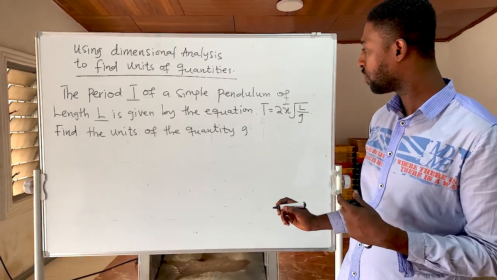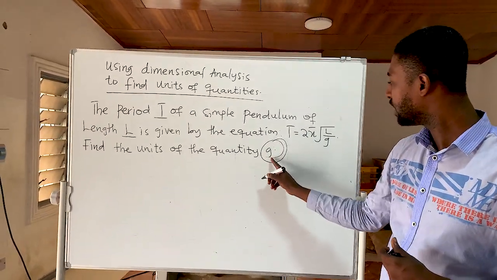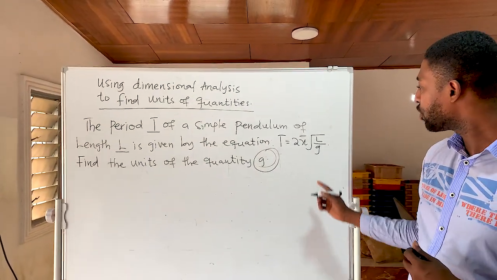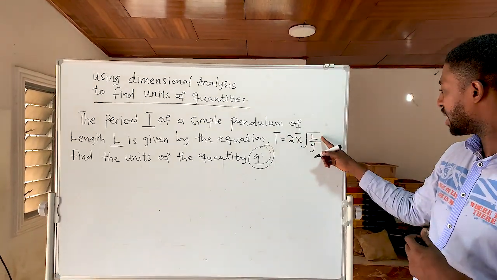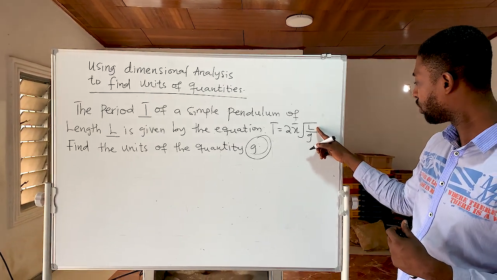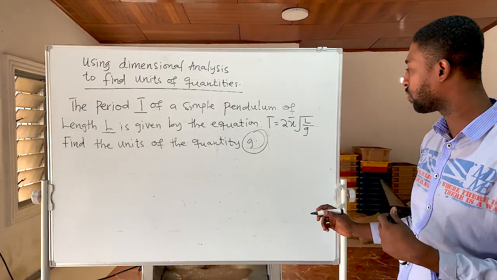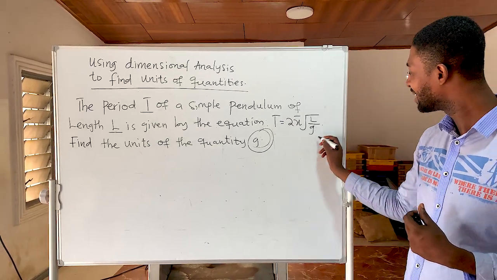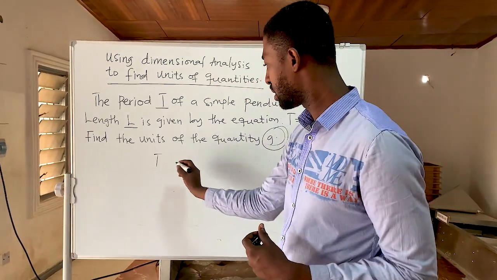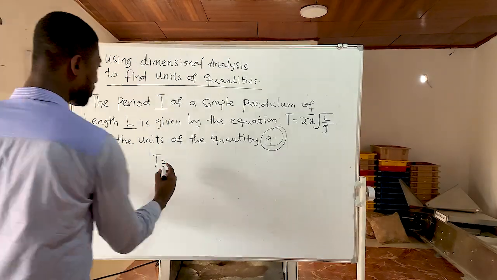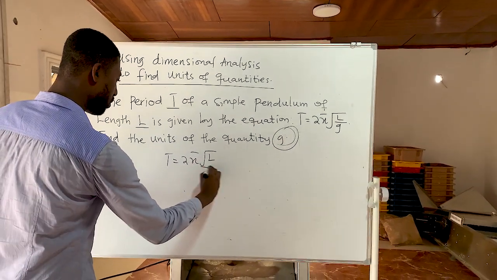Find the unit of the quantity g. Now we want to find the unit based on the dimensions. Remember, the dimension of time is T, and length is L. First of all, what you are supposed to do is make g the subject of the equation. So if I have T equal to 2 pi root L over g.